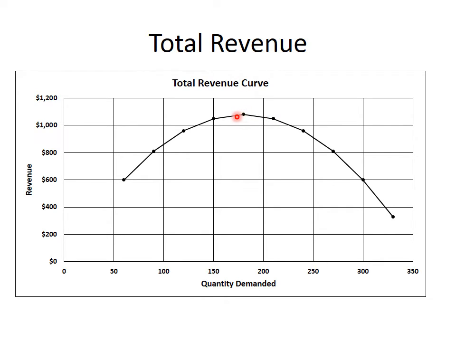Then, prices are still rising, which means demand is still falling. And once you hit this figure right here, which is $6, I remember, once you get over that, the elasticity coefficient is actually greater than 1, which means demand is now relatively sensitive to a price change. It means the percentage change in demand is going to be greater than the percentage change in price.